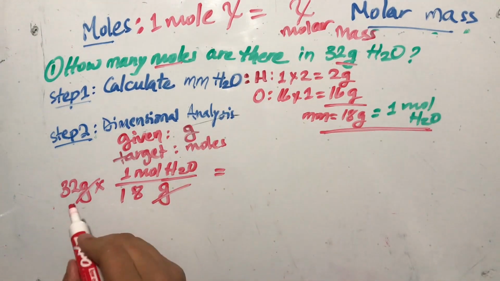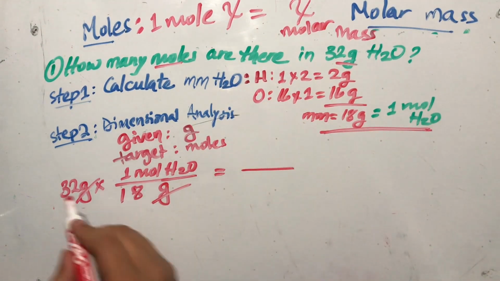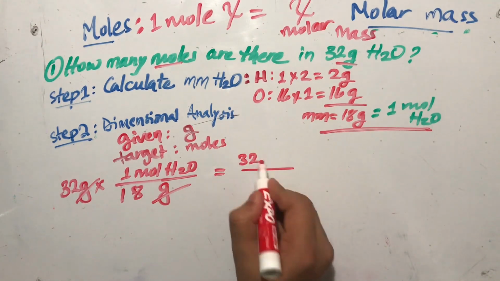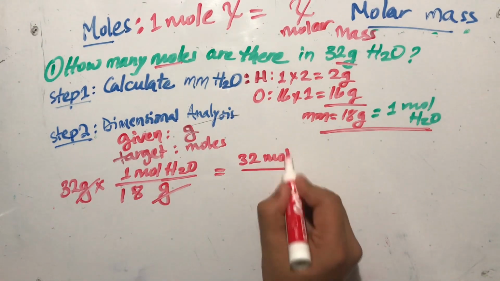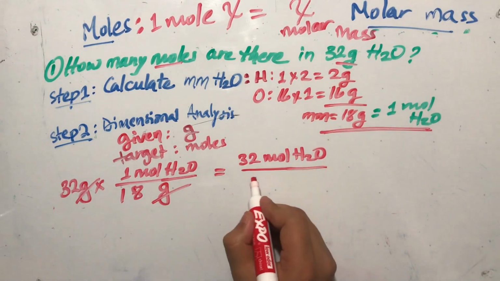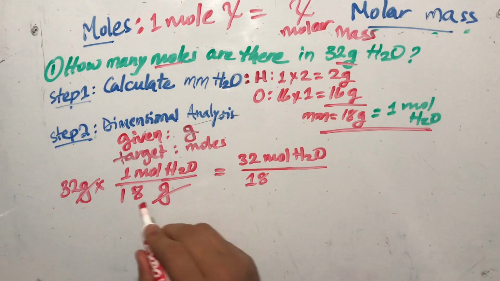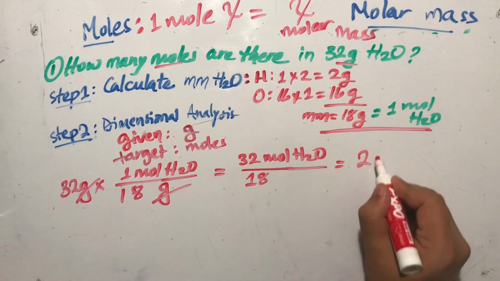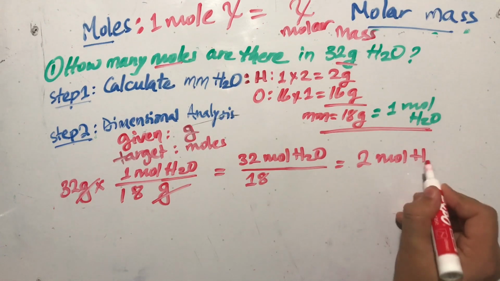That's our target unit, so on the top, 32 times 1 is 32, and the unit left is mole of H2O. The bottom is 18 only, there is no unit, so you just simplify that, and the answer you get is 2 moles of H2O.